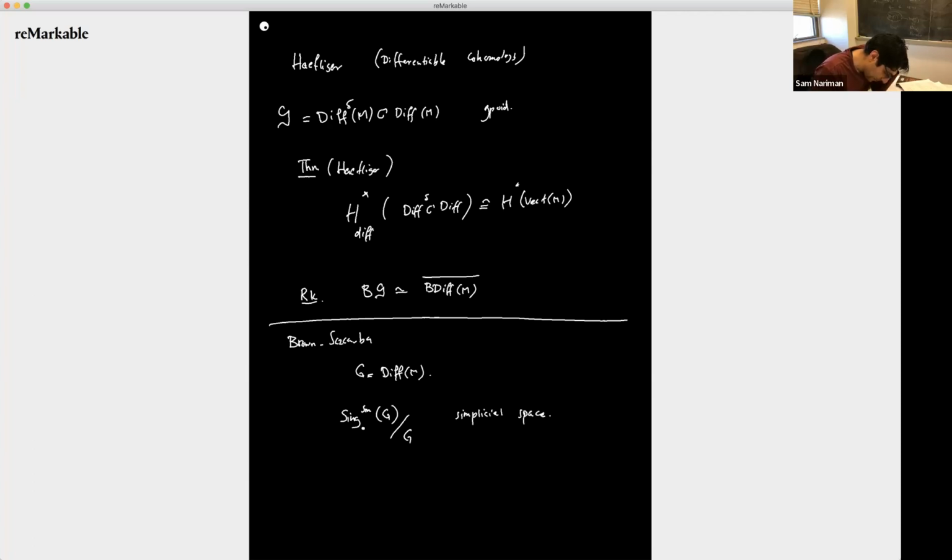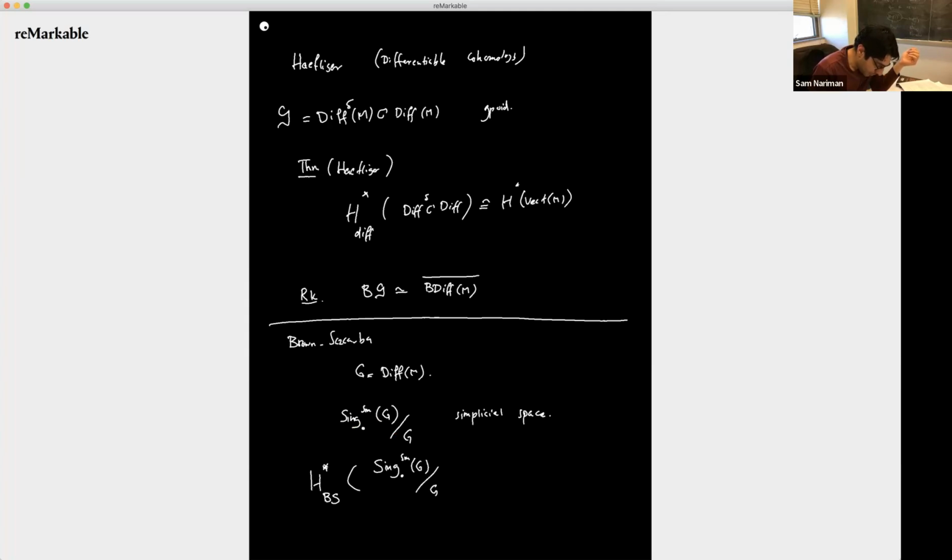And then they have a theory of continuous cohomology for simplicial spaces. So I'm just going to call the cohomology, Brown and Szczarba cohomology of this object, the smooth cohomology of G. If you use the topology of G, the usual Whitney topology on Diff, the smooth singular set is a mapping space, so it has a topology, it's a simplicial space.